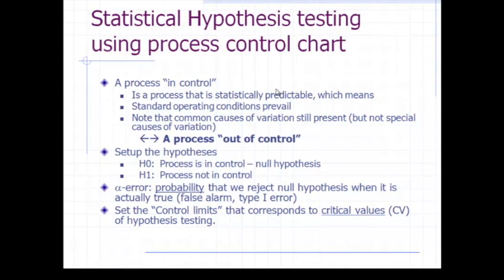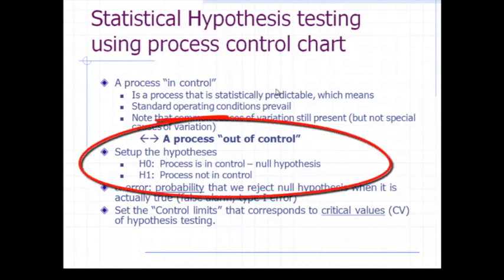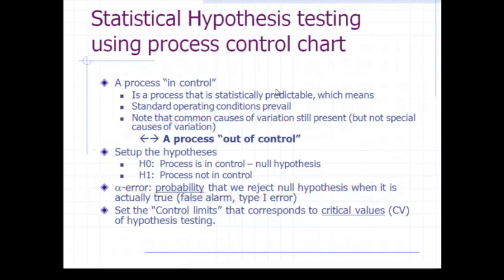But if there are some special causes of variation, or some unexpected conditions in this process, we call this process out of control. We need to set up a null hypothesis, and this null hypothesis is that the process is in control. Then, obviously, the alternative hypothesis will be that the process is out of control, or not in control.